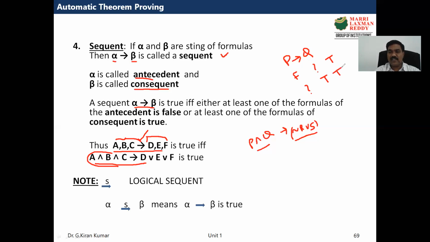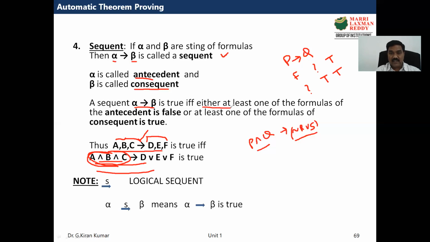So this point we already discussed in earlier videos. Now see, when this particular implication is true, it is true when one of the formulas in this consequent is true. Suppose A is false, then the complete thing is true. In P implies Q, if P is false, obviously it is true. So that is the meaning of this.